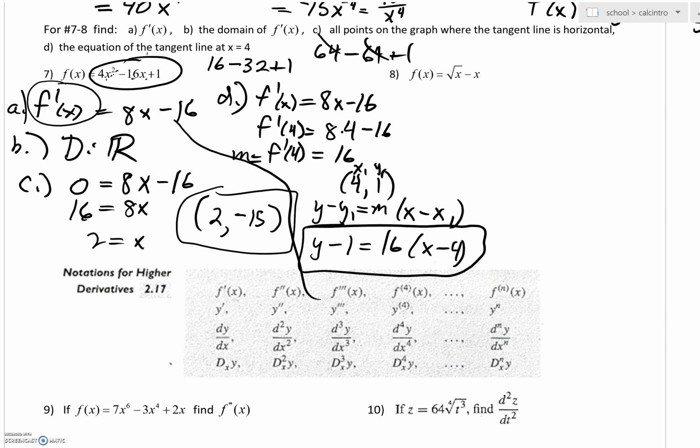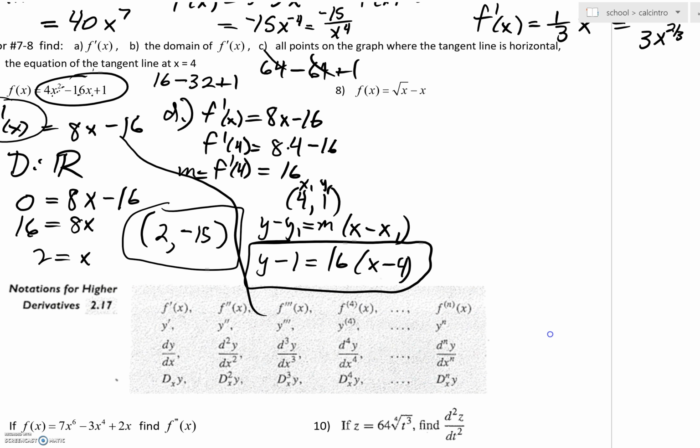Okay, tell you what, as we take a look real quickly at number 8, for part A, I just want to tell you, this is x to the 1/2 minus an x. A square root is just going to be the 1/2 power. Help me take the derivative.